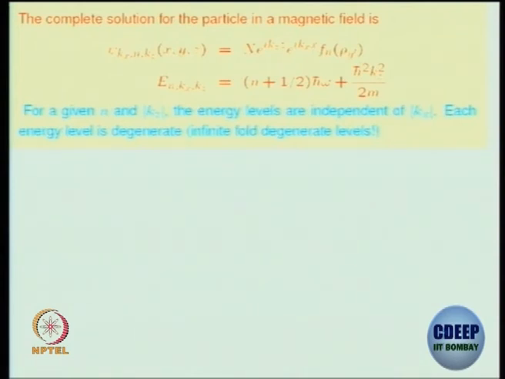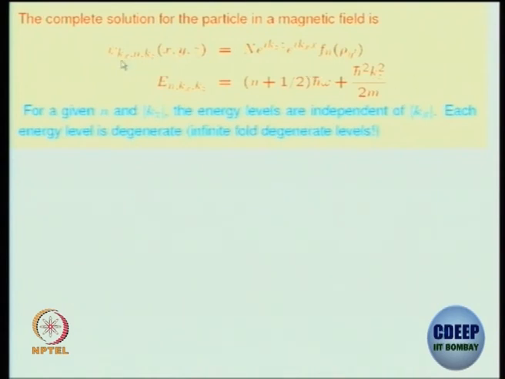We can make an appropriate choice for the vector potential and try to give an ansatz for the separable function. e to the i kz z, z is separated, but then x and y are connected. So this y prime is actually a function of kx. So this is the total solution.